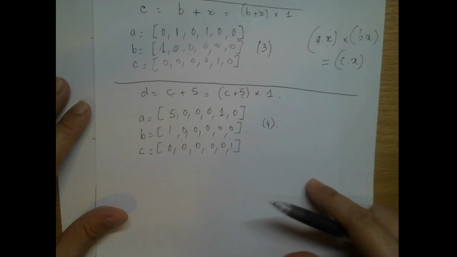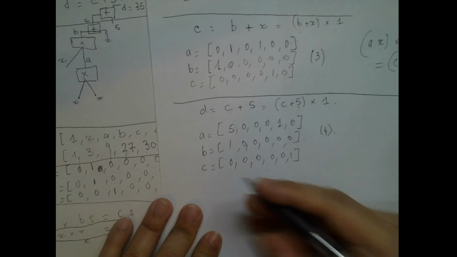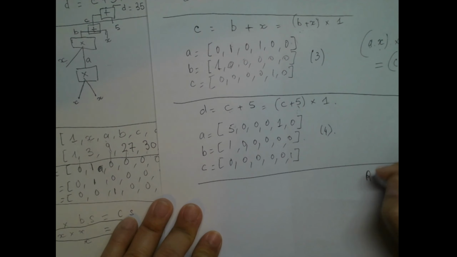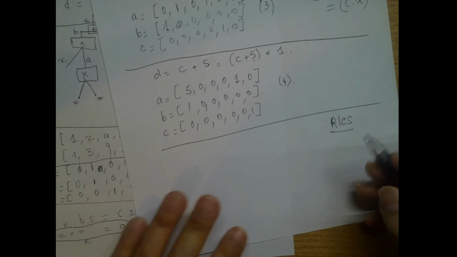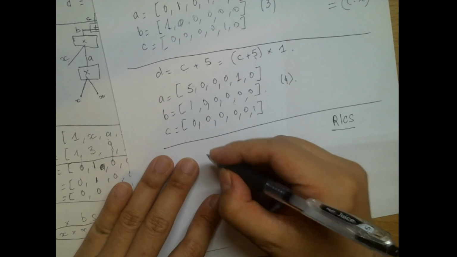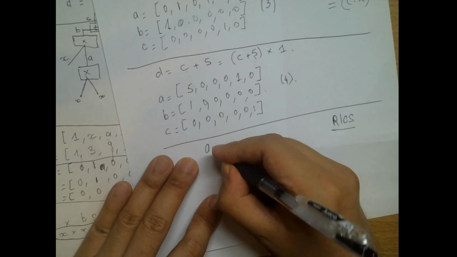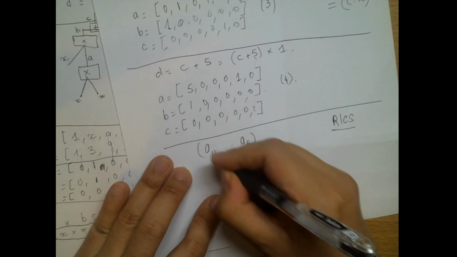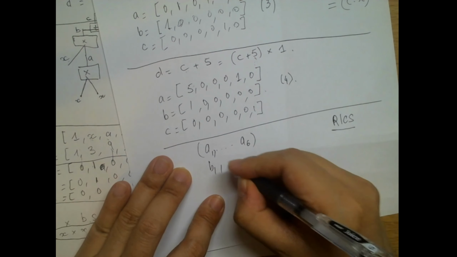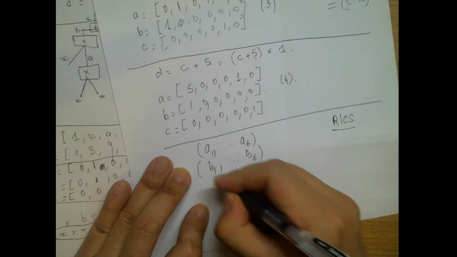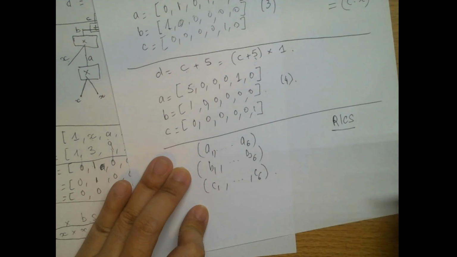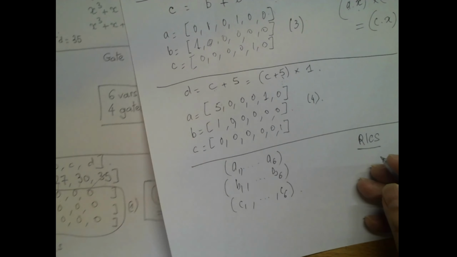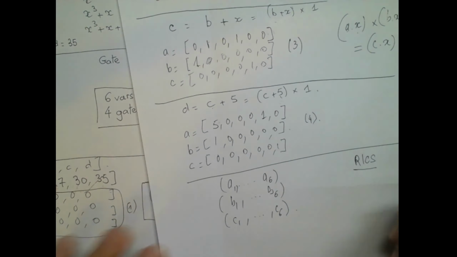So we have now reached the point where we have this R1CS. Right, we have this R1CS, which is basically A1 to A6, B1 to B6, and C1 to C6. Right, and then there's the other constraint that D equals 35.